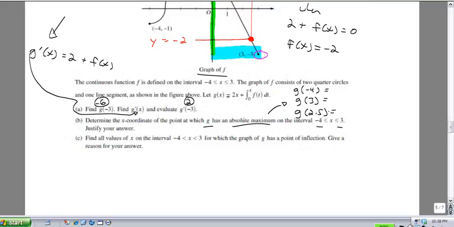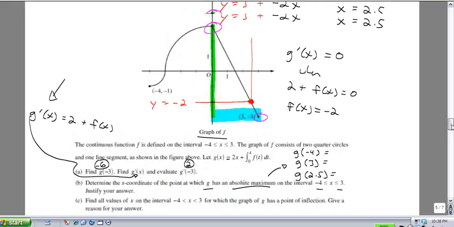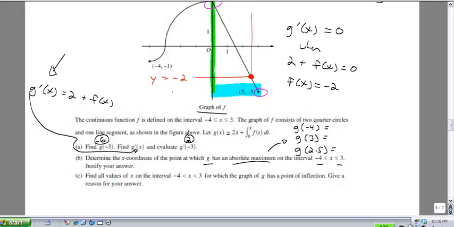Wait, what was he doing? Okay, absolute extrema. You check your end values and your critical points. Your critical points are where your derivative is 0 or undefined. Our derivative never went undefined, right? You're maximizing g, so you need the derivative of g, which happened over here.